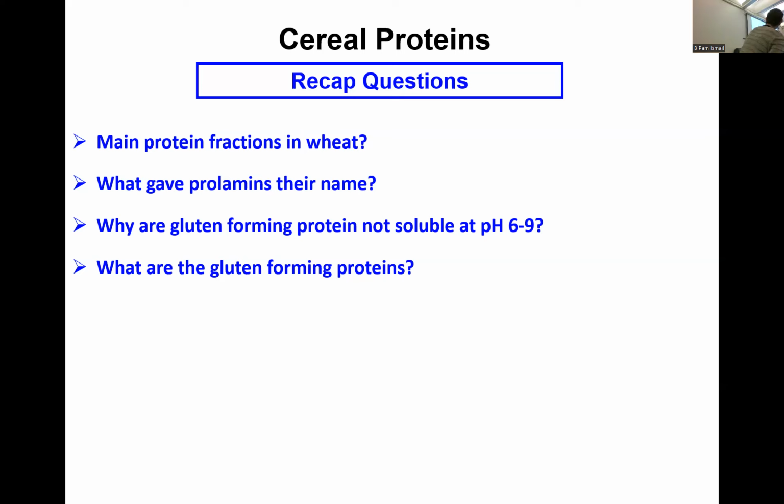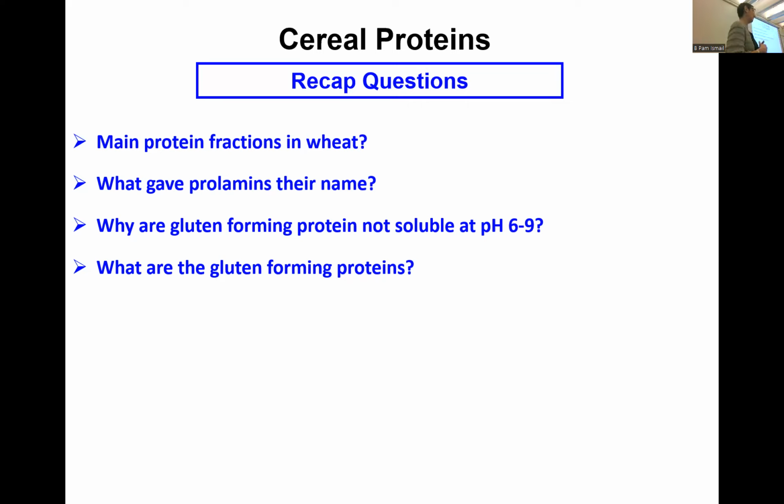Why are gluten forming proteins not soluble at pH 6 to 9? They're not very soluble in water. Why? What did we say about their amino acid composition? They're very low in what amino acids contribute to charge?